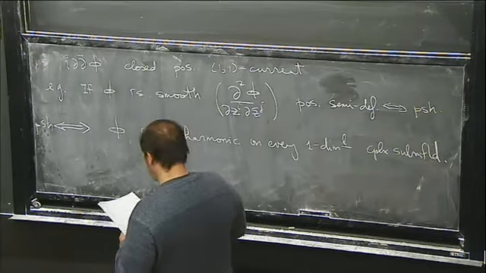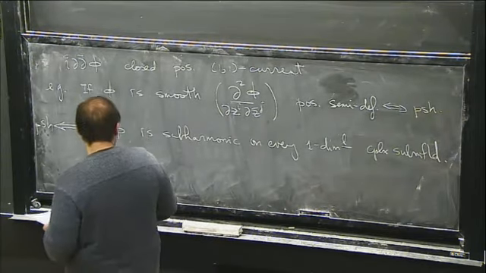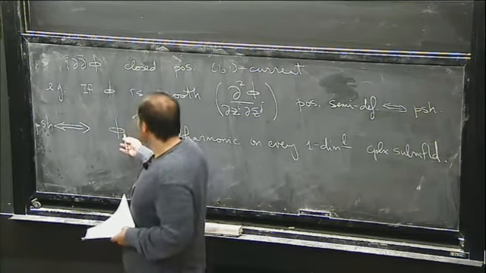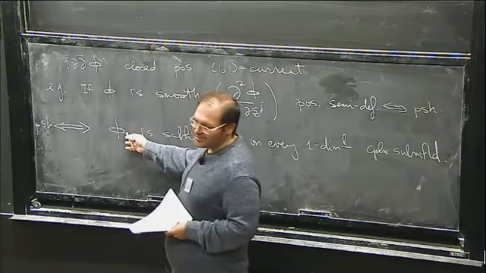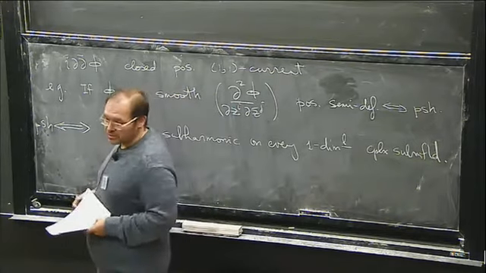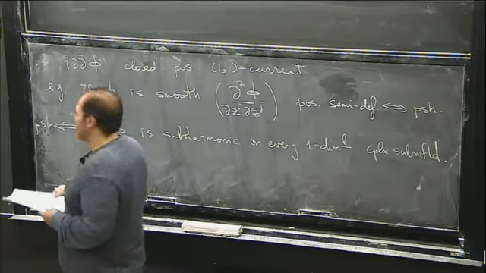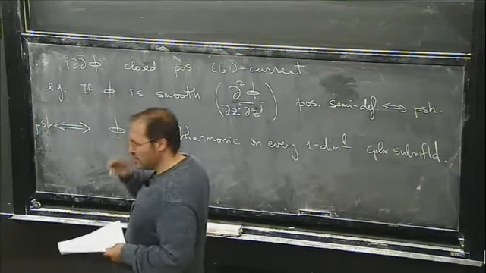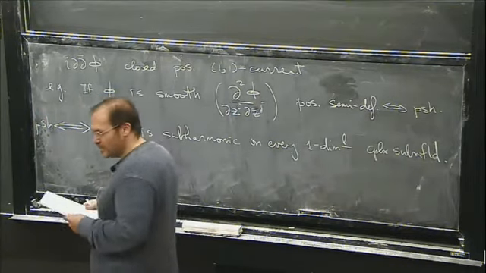Subharmonic means that there's a definition and there's a characterization. The characterization is that if you compute the Laplacian in the sense of distributions, it's greater than or equal to 0. But the actual definition: it's a measure which is greater than or equal to 0, so it's a non-negative measure, positive measure.